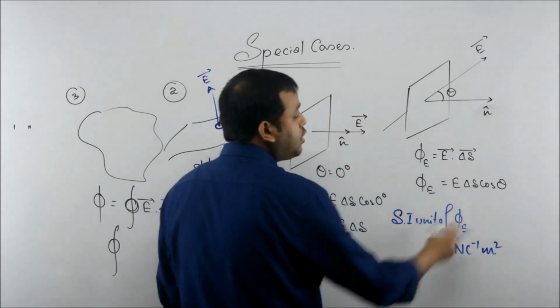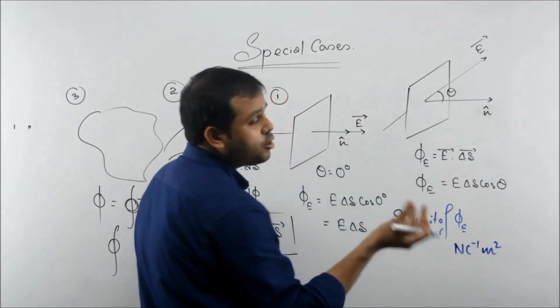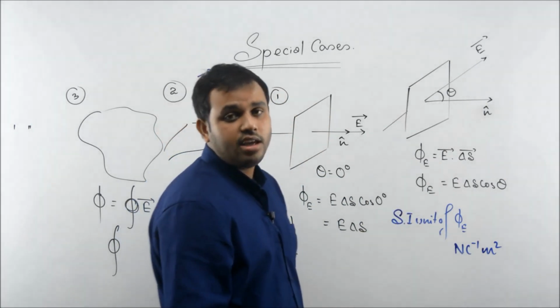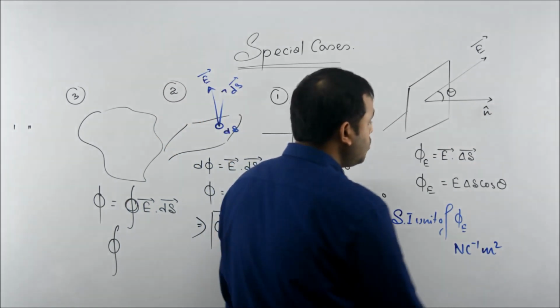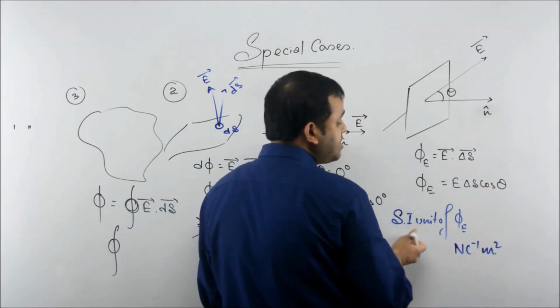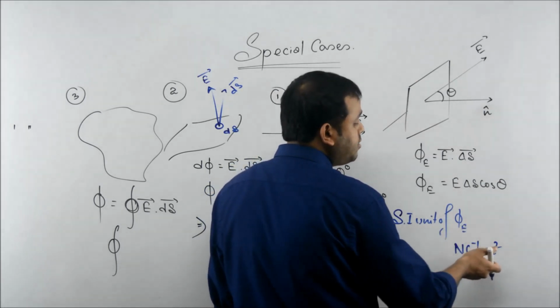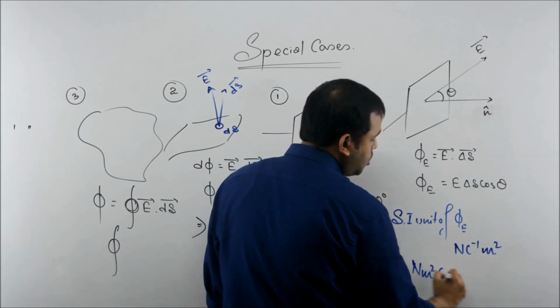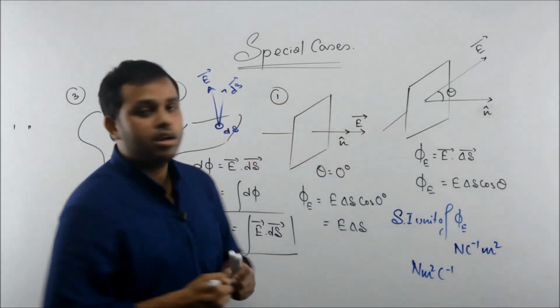What is the SI unit of cos theta? Cos theta is a trigonometric ratio, and a trigonometric ratio doesn't have any SI unit, so it is dimensionless. So what is the SI unit of electric flux? It's Newton coulomb inverse meter square, or you can say it's Newton meter square coulomb inverse. Clear, students?